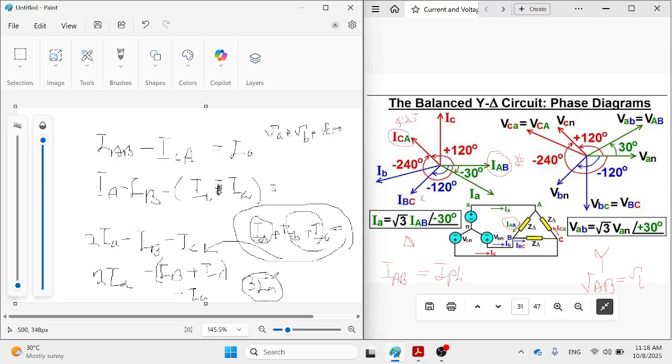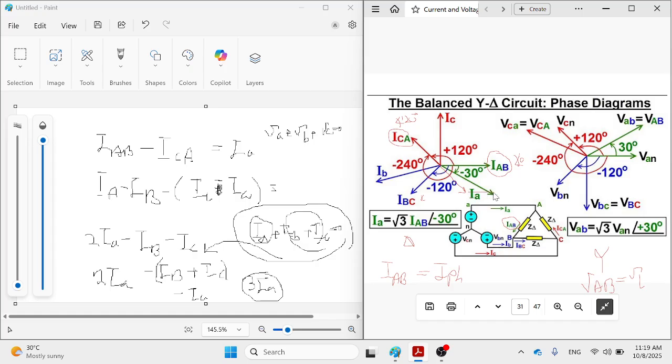So based on these equations, you can reach the point of what IA, IB, IC are. And then the angle is minus 30. You can see, okay, the IAB is here, then the IA, which is ICA minus ICA, is exactly by here.